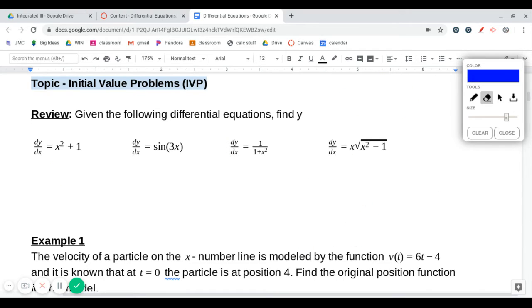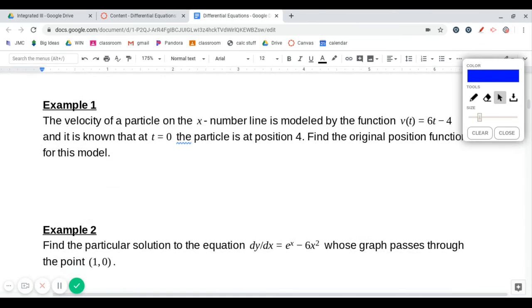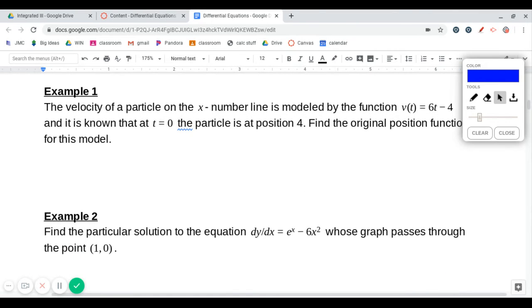So let's go ahead and move on down here. This is some review of velocity, acceleration, position. The velocity of a particle on the number line is modeled by the function v of t equals 6t minus 4, and it's known that at t equals 0, the starting time, the particle is at position 4.